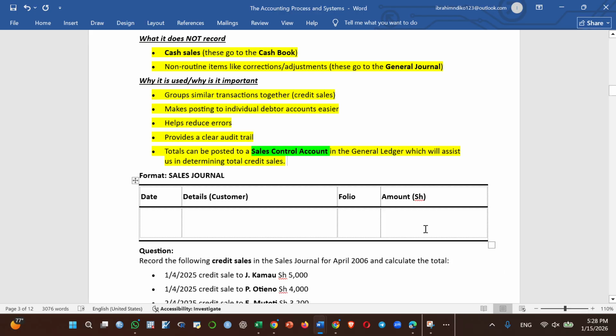Full stop. That is it. So the purpose of the sales control account is to assist us to determine the credit sales as a balancing figure. Now let's see the format.